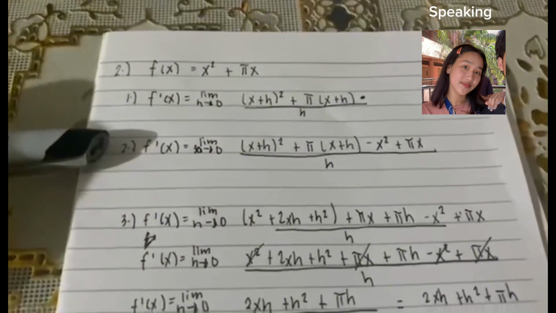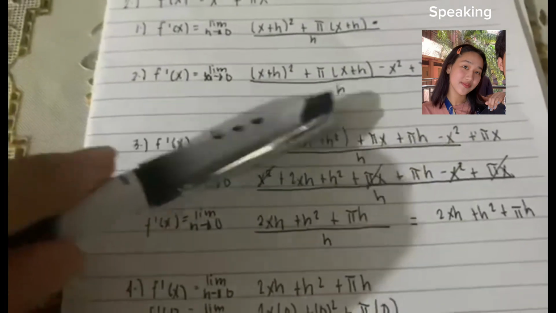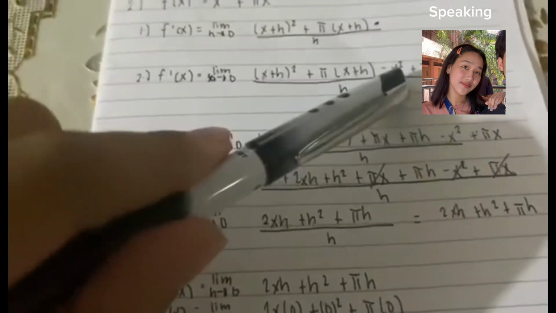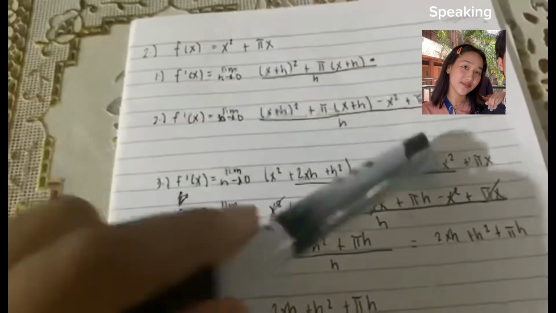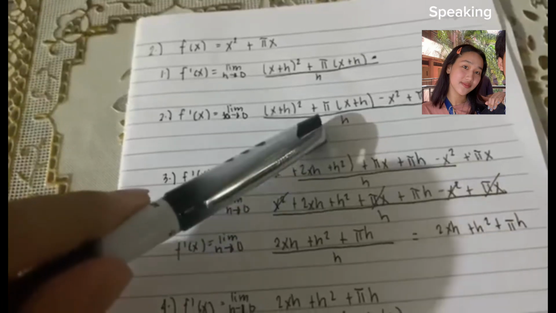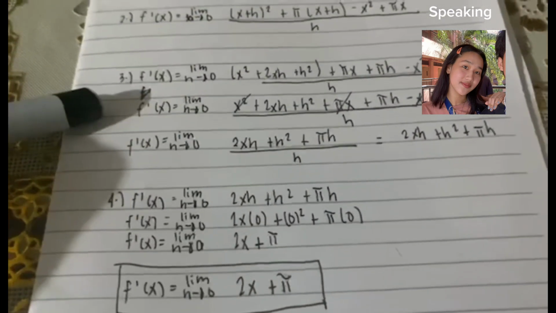And we will proceed to step 2. In step 2, we need to subtract the given function, which is x squared plus pi x, and divide by h.